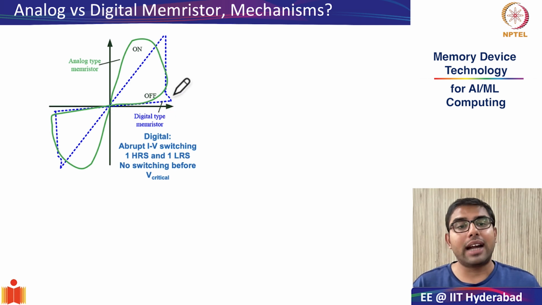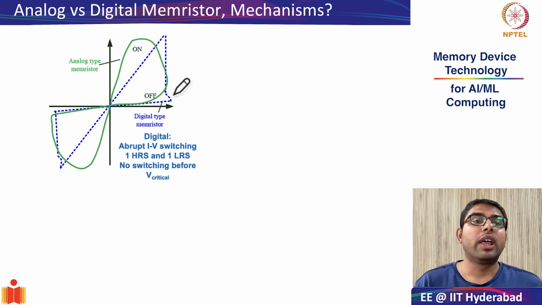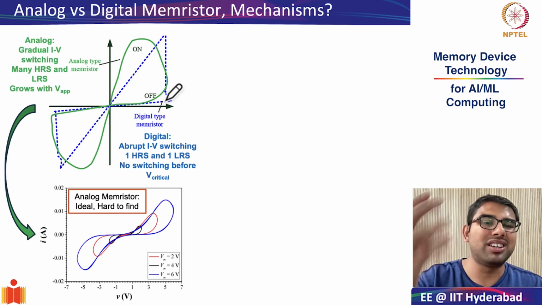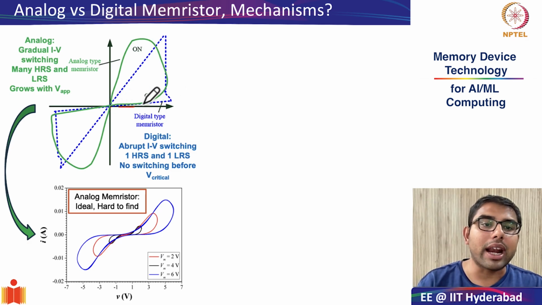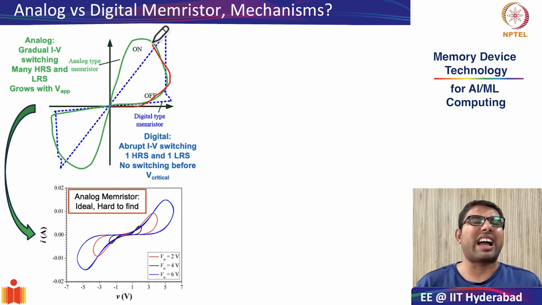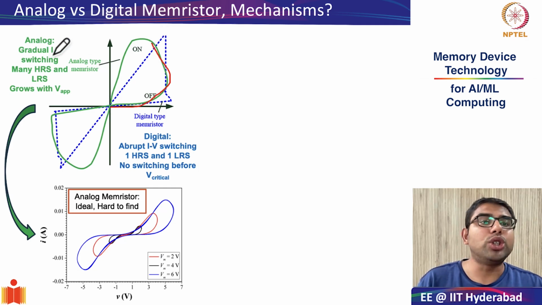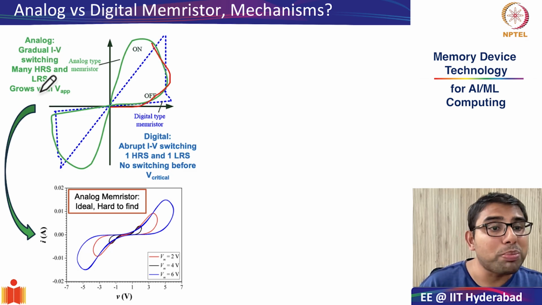Now let us look at the analog type of memristor. As you can see, the analog type of memristor doesn't have an abrupt switching. It has a more gradual switching. And this is the kind of ideal memristive behavior even predicted by Leon Chua. This gradual IV switching results in several high and low resistive states. How is this possible?